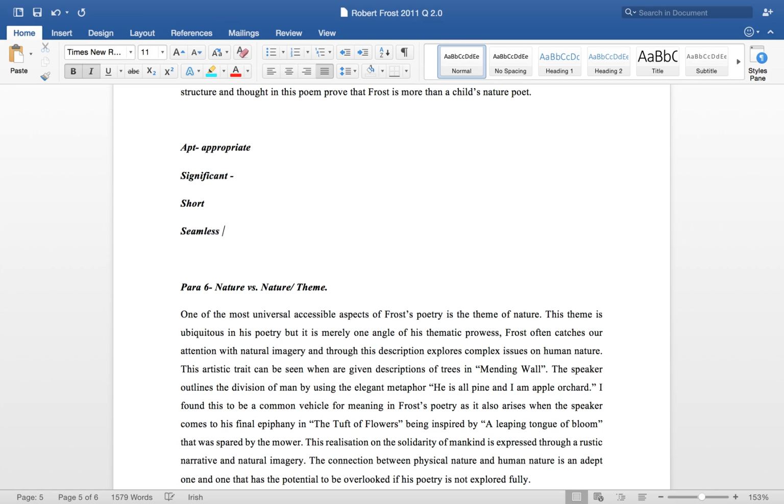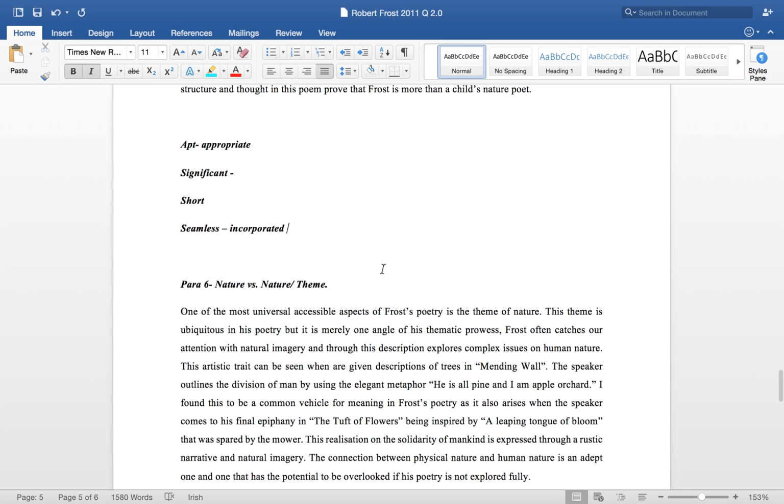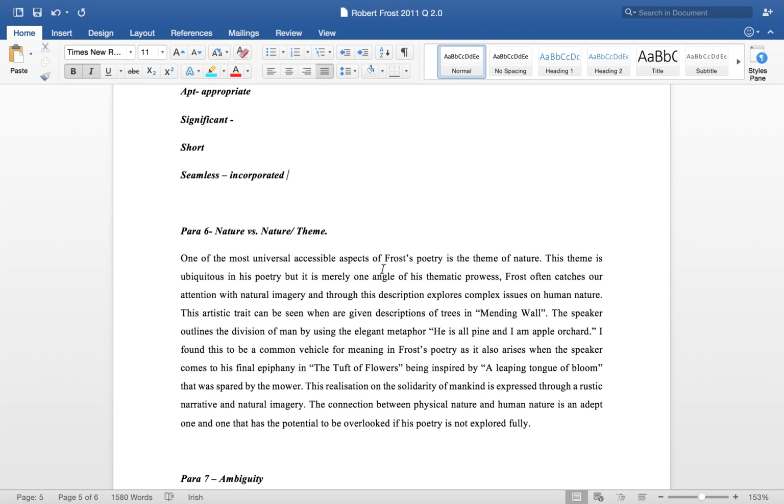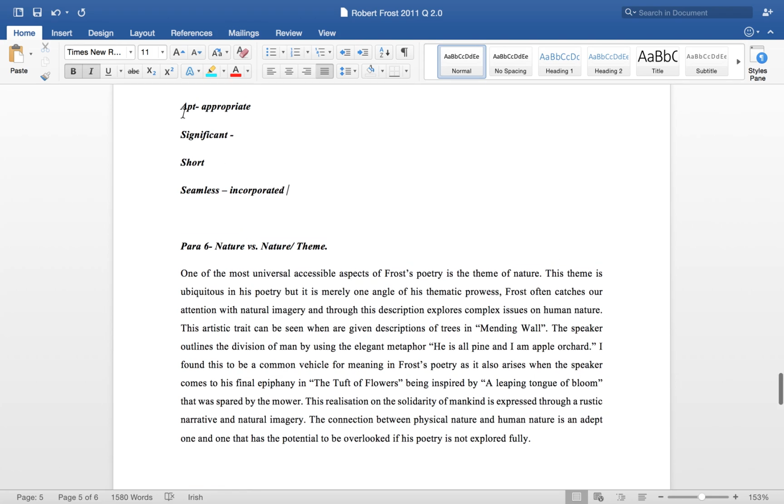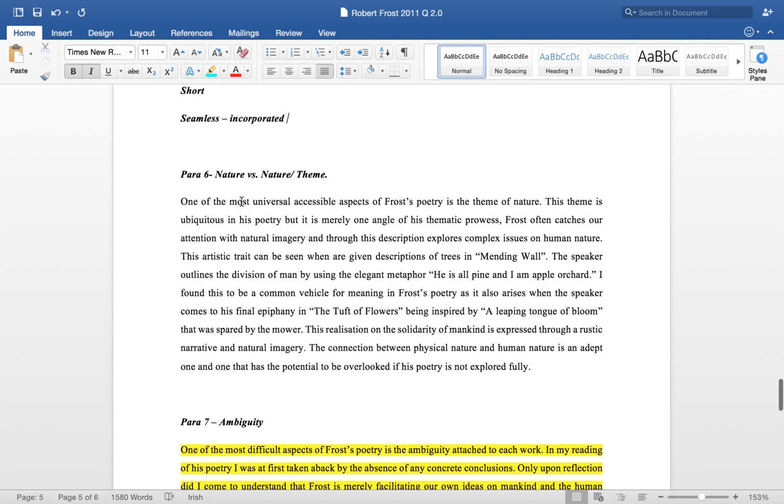And this one is really, really important. This means that our quotes are incorporated, that they fit nicely within our paragraph, within our sentence. So as I said earlier on, our quotes should fit into the sentence. If we take away the quotation marks, the sentence should still make sense. So let's see if I've used ask quotes in this next paragraph.